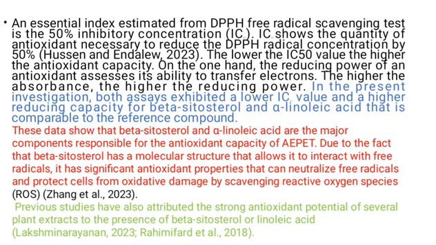Look at this discussion. It says an essential index estimated from the DPPH free radical scavenging test is the 50% inhibitory concentration. Inhibitory concentration, IC50, shows the quantity of antioxidants necessary to reduce the DPPH radical concentration by 50%. You state your source of reference.